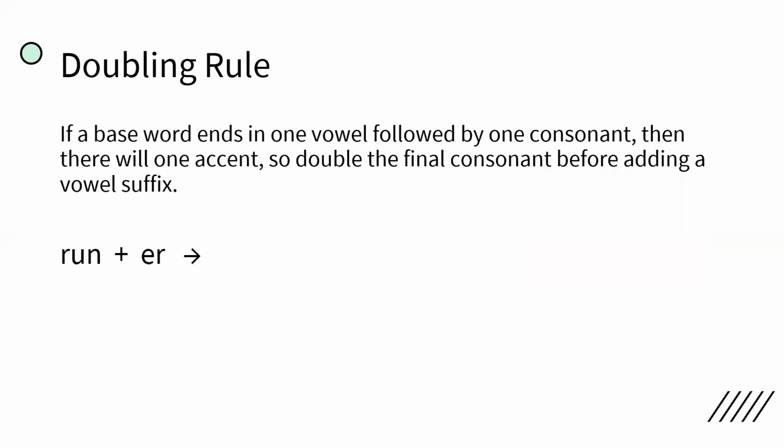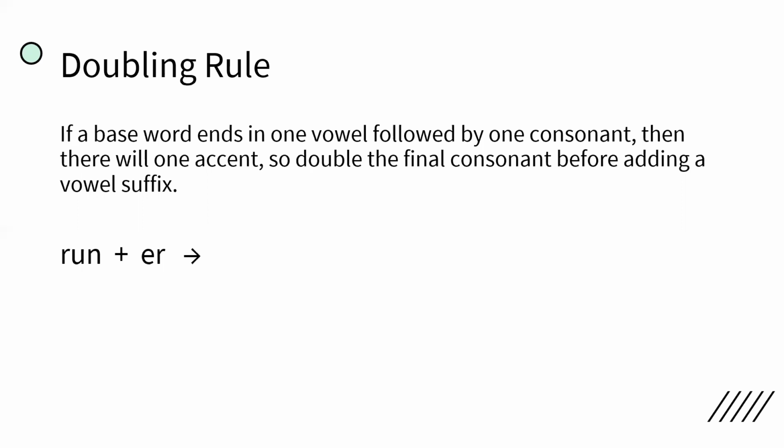When we think about our doubling rule, this one is really easy to remember. If we have a base word that ends in one vowel followed by one consonant, that means that it also is going to be one accent. You're going to accent that base word, and that tells us that we're going to double that final consonant before adding a vowel suffix.